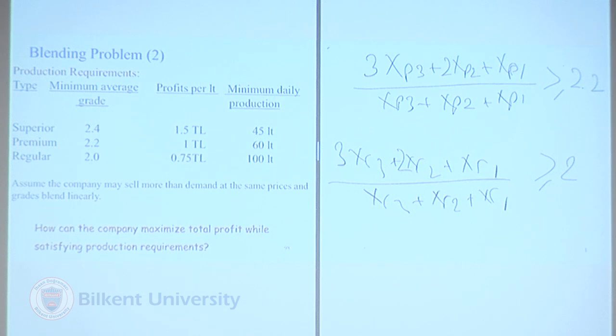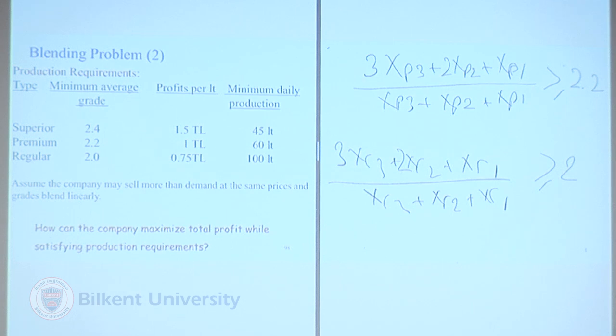But as I said before, if all my oranges are good and I'm mixing them, everything's grade is 3, but I can only sell 45 liters. I have to sell at least 100 liters of regular juice too. I can't label all of them as superior, then I'm infeasible in OR terminology. That's why I'm allowing it. Anything more, leftovers, will definitely go to the ones with more profit.